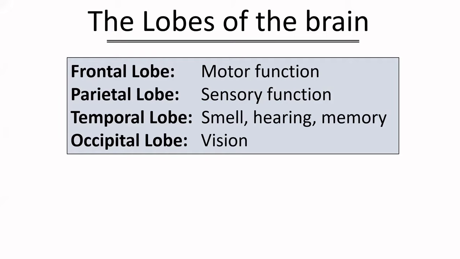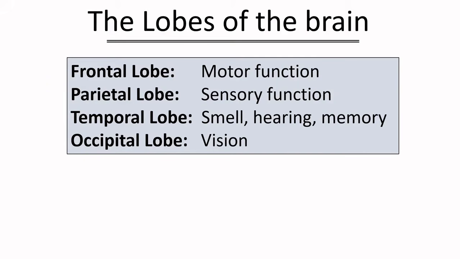Temporal lobe does that for smell, hearing, and memory, and will also play a role in speech on the dominant side because we have two hemispheres and one is dominant, which means it is involved or responsible for language. And lastly, we have the occipital lobe, which is responsible for the processing of visual information.